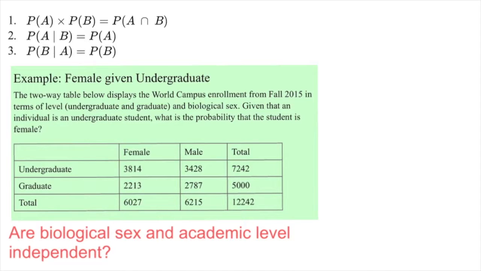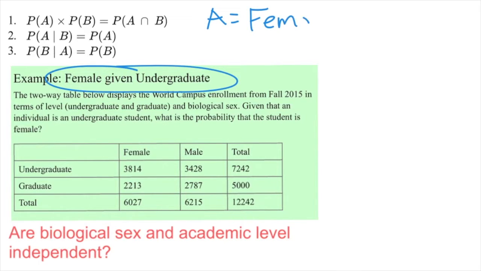There are a few different ways that we could set up this example to test whether biological sex and academic level are independent. Because this example is phrased as female given undergraduate, we'll call event A being female and event B being undergraduate.